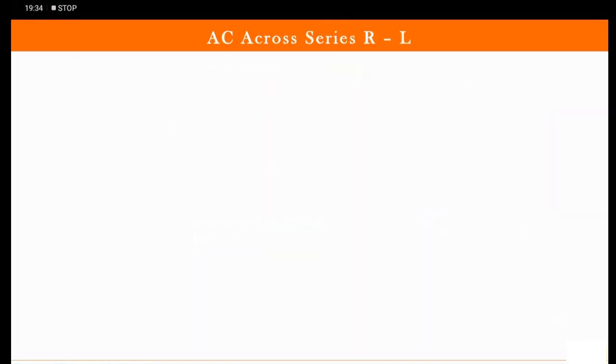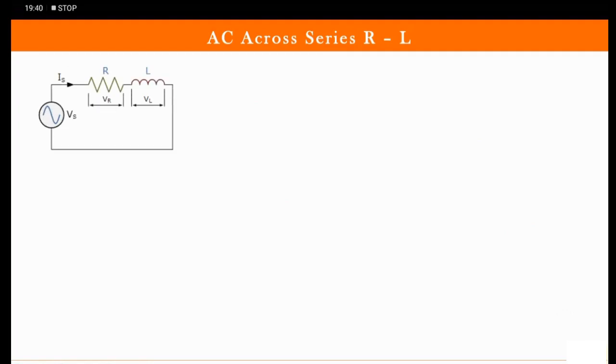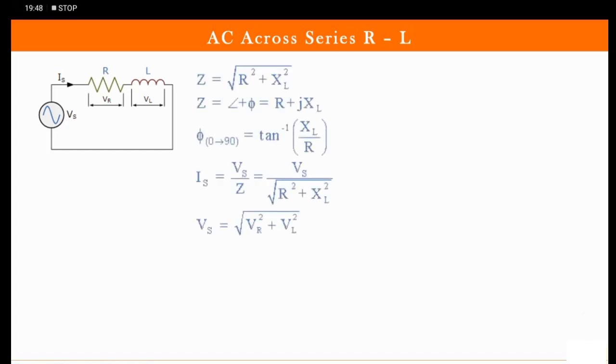Fine? So let us talk about AC across series RL. What happens when you have a series combination of R and L? Individual components we have discussed. Let us see various combinations now. So this is how it is applied, and the impedance is going to be square root of R square plus XL square. Why this? Because it is going to be vector addition, isn't it?